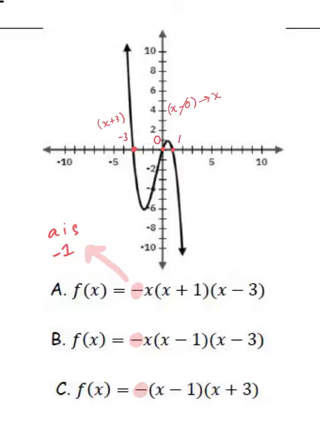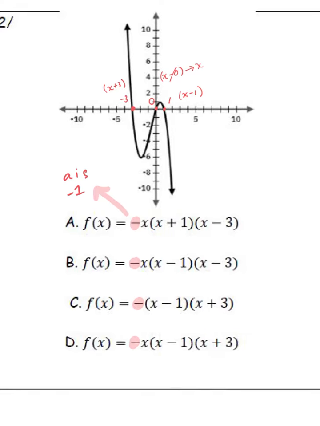If you have a 0 at 0, it means that one of your factors should just be the letter x. That's the same as saying x minus 0, just x. And then my last 0 is 1. That means that I should have a factor of x minus 1, because 1 is positive.